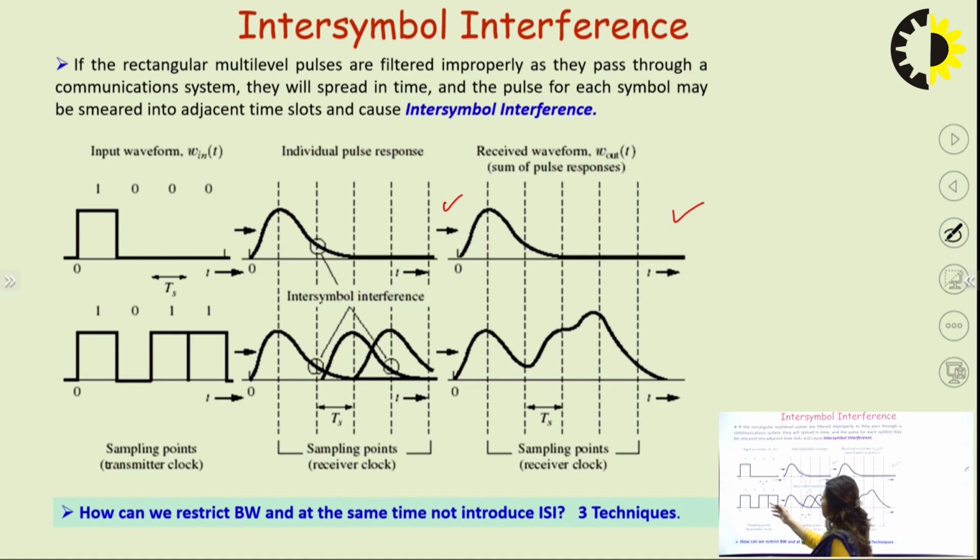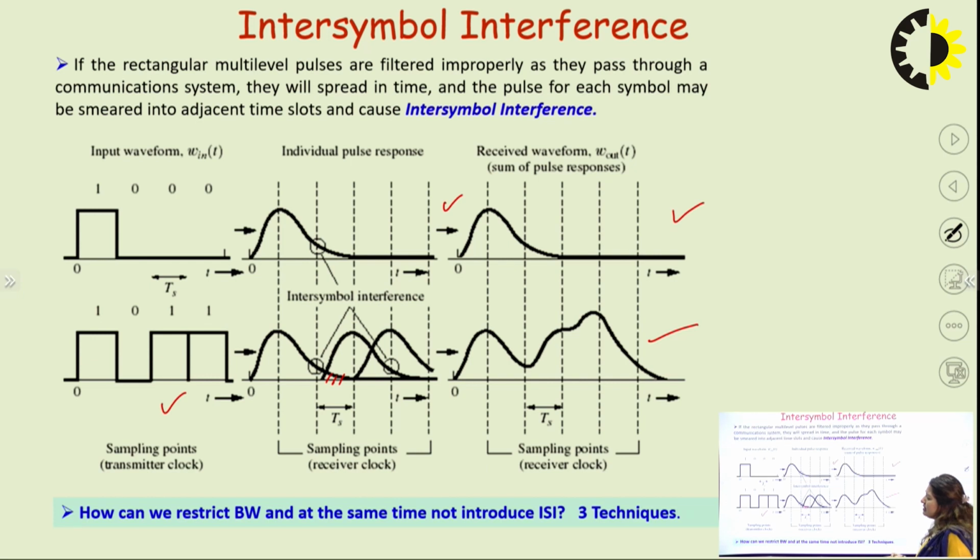Similarly, for the pattern 1 0 1 1, we have a pattern like this, and whenever it passes through the channel, it gets spread out, and there will be overlapping between the two regions, between the pattern 0 1 and 1 1 also.